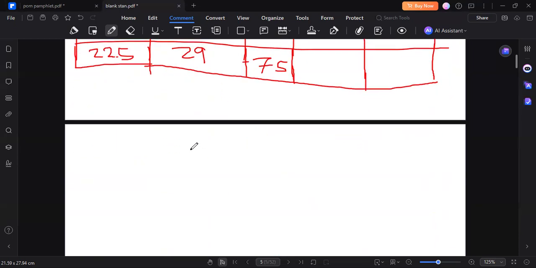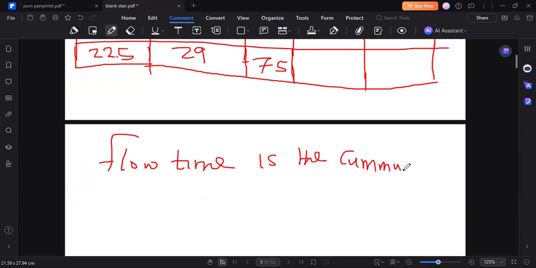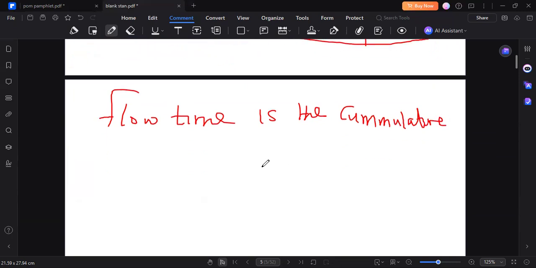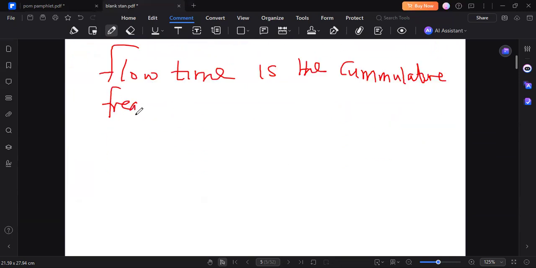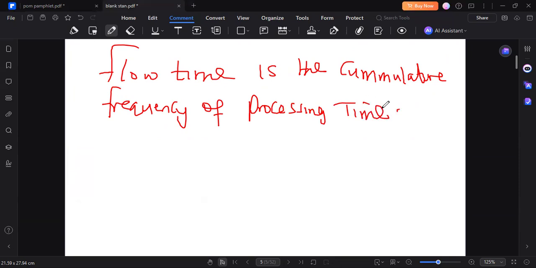Flow time, like I mentioned, is the cumulative frequency of processing time. That's our flow time.